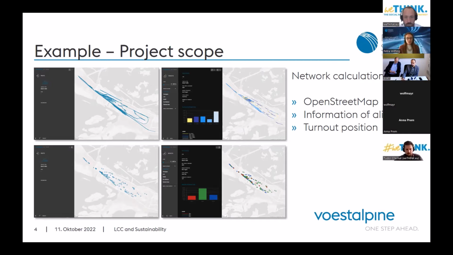After validation, the tool is calculating the radii out of this information. And like you see here, we also have the information from OpenStreetMap for each turnout. And these turnout positions can then be additionally filled with the information of the radii and the information of the turnout type, for example.